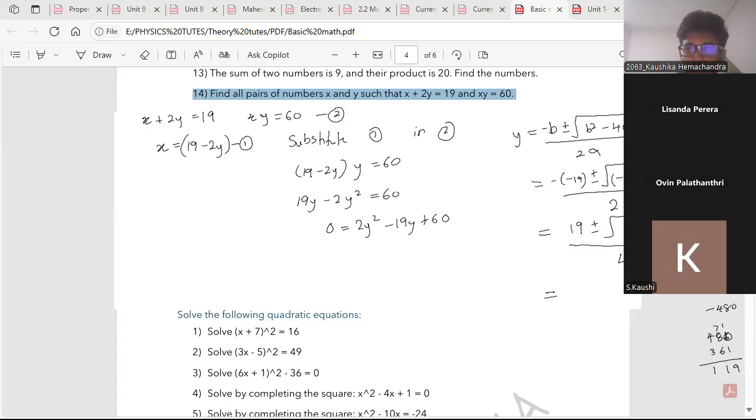Yes, you can't really simplify beyond this point. You can't simplify beyond this point because we don't need to find the roots of negative numbers. So there is a problem in the question as well.